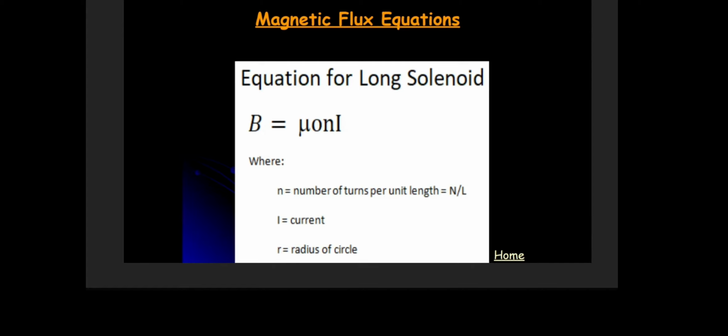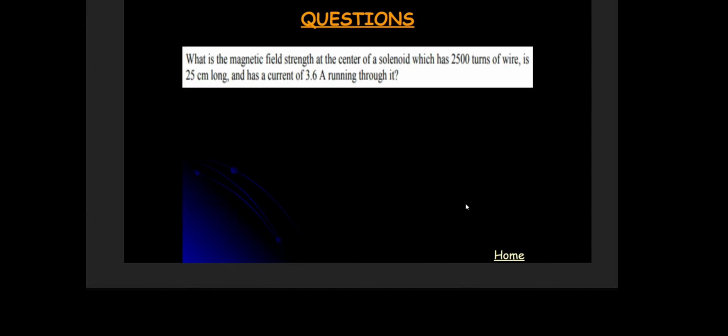So to easily use these equations, let's get our calculators, pens and paper out, and work these as quickly as possible. What's the magnetic field strength at the center of a solenoid which has 2,500 turns of wire, is 25 centimeters long, and has a current flowing through it of 3.6 amperes?